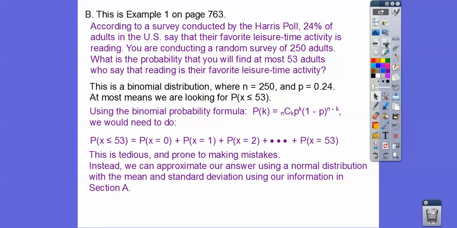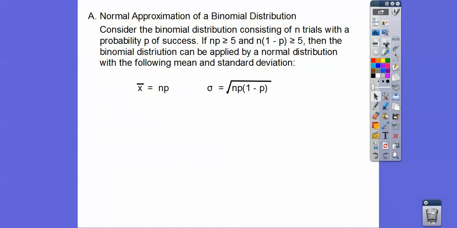So instead, we can approximate our answer using a normal distribution with a mean and standard deviation using the information we gave in section A. In section A, our mean was n times p, and our standard deviation was the square root of n times p times 1 minus p. But np has to be greater than or equal to 5, and n times 1 minus p also has to be greater than or equal to 5.